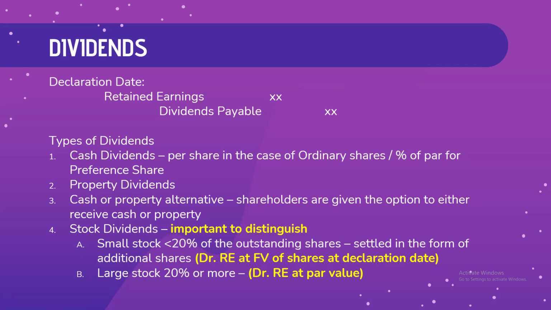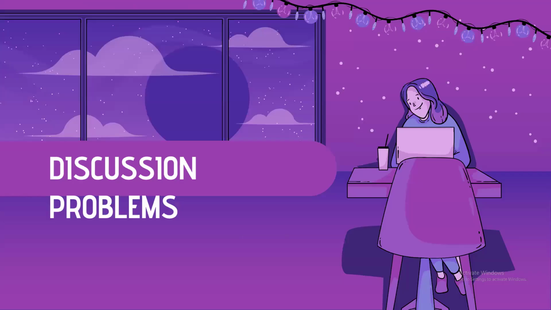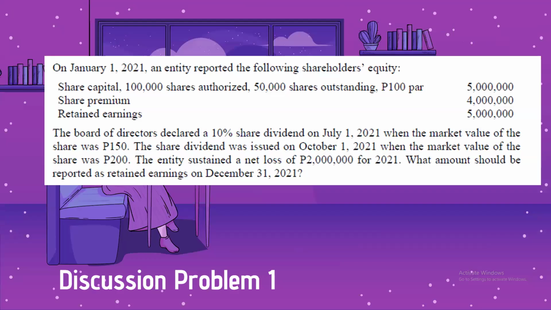Sige. So let's do some discussion problems. Let's have discussion problem 1 to illustrate to you those that we have discussed previously. So the question is, what amount should be reported as retained earnings on December 31, 2021? Let me read the problem.